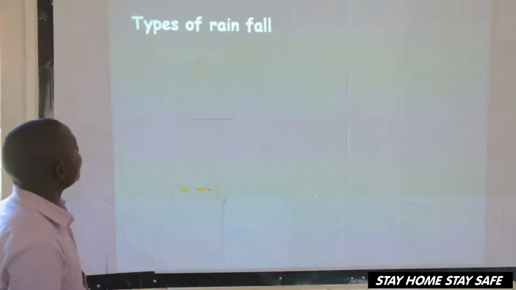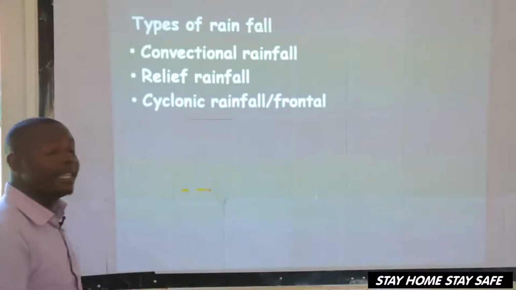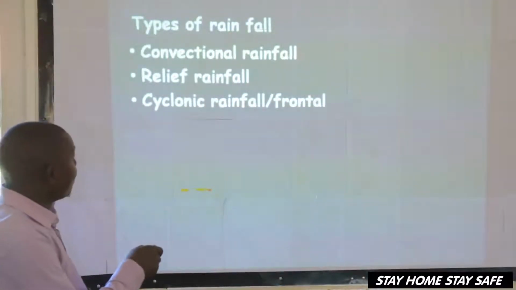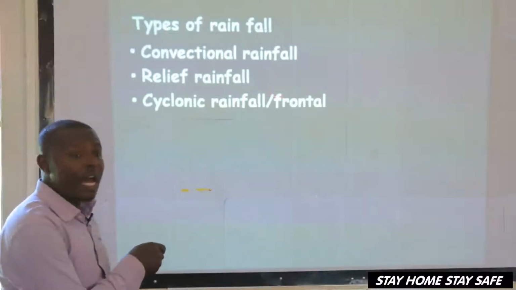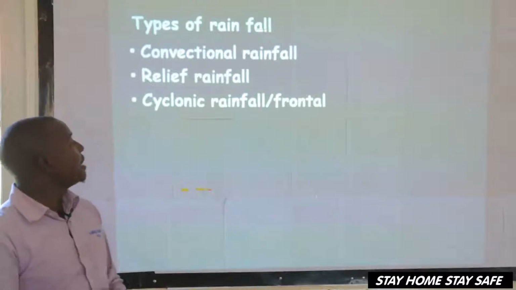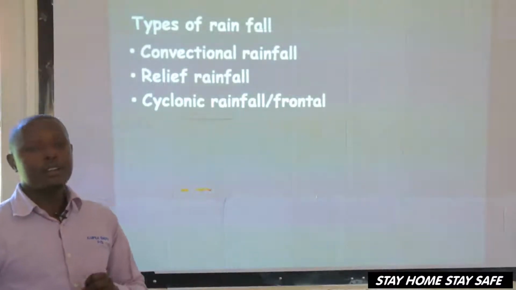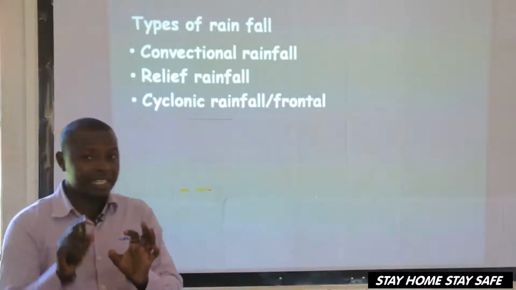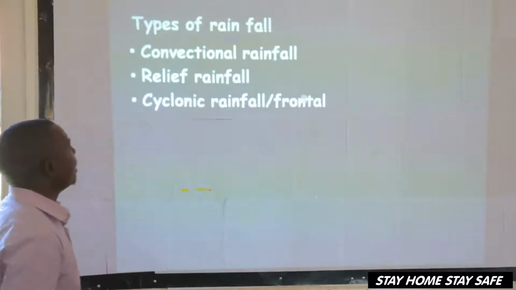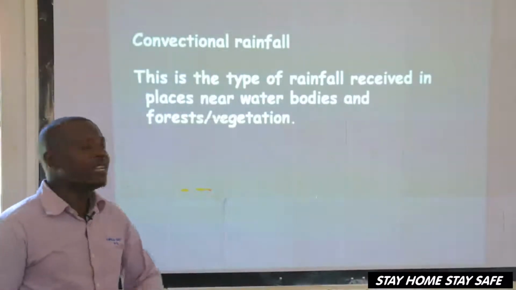Now, let's look at types of rainfall. We have three types of rainfall. One of them is convectional rainfall, relief rainfall, and cyclonic rainfall, or we can call it frontal rainfall. We are going to look at each of them and how it is formed. Let's look at convectional rainfall. What is convectional rainfall?